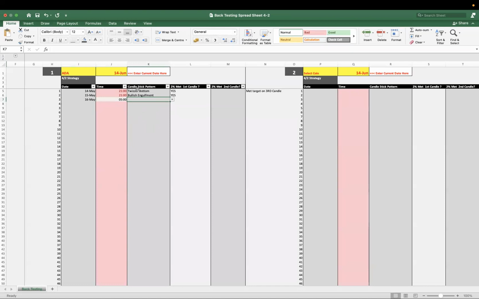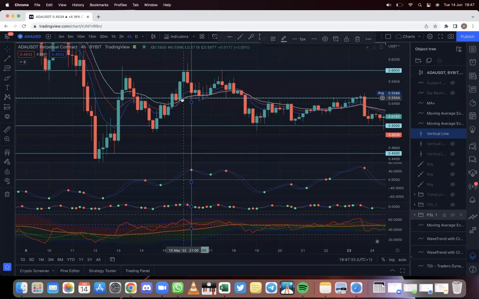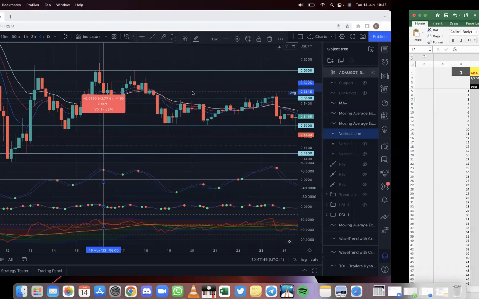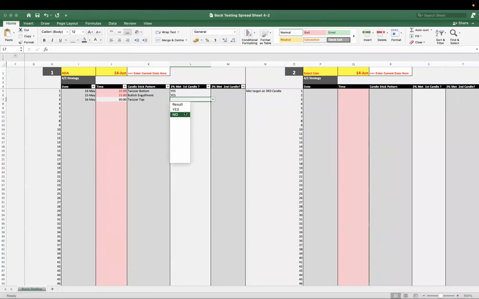And then it gives you, what did we see? We saw a tweezer top. And then let's go and measure and see, did we get the 2% in that? We come here, yes. Once you measure from the top, you can see we've not even finished the candle. We got 2.77. So it's yes.